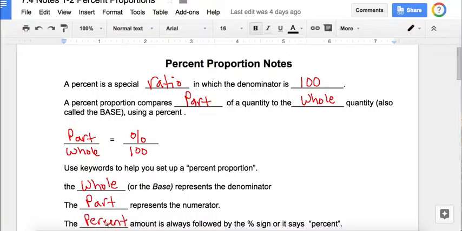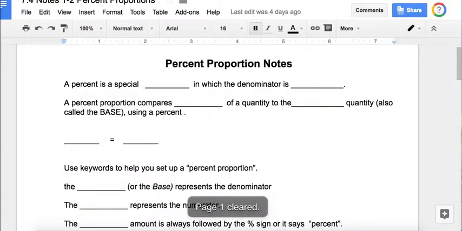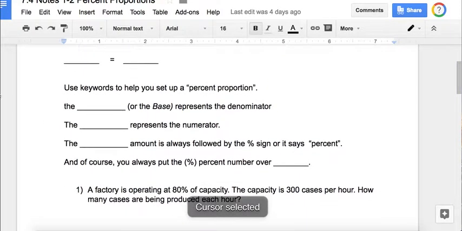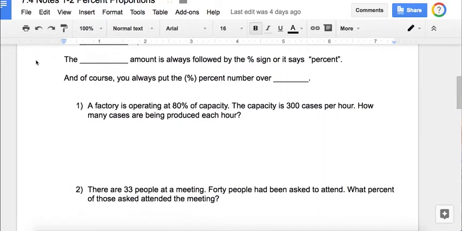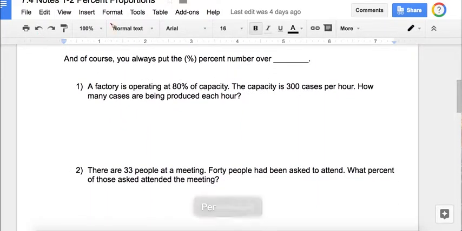If they're talking about a percent, you'll always see the word percent after it, or you'll see the symbol right here meaning percent. And of course you always put the percent number over 100. So fill in right here, fill in 100.